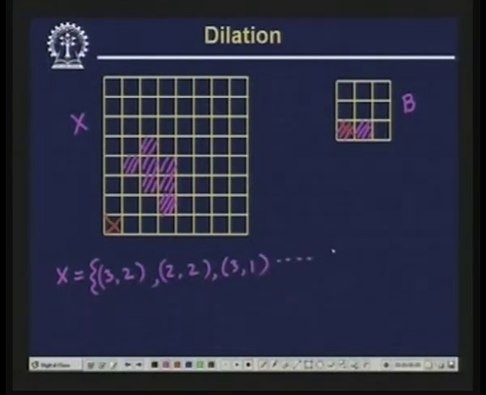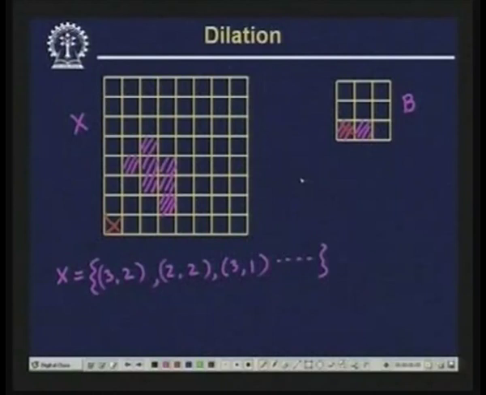Similarly, I can consider the other points in it. So, I get the image capital X as a set of points or a set of vectors. Similarly, this structuring element is also a point set, which consists of the points 0, 0 and it includes the point 1, 0.